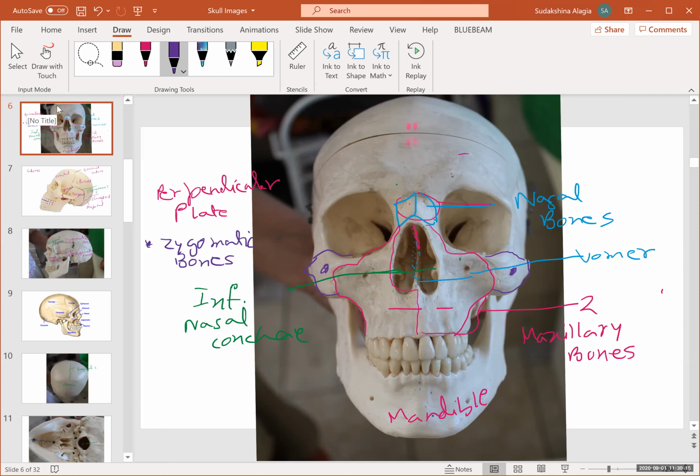If you look at this here, see that? This is kind of like a ridge. This ridge is the lacrimal bone. We've got two of these, one on each side.